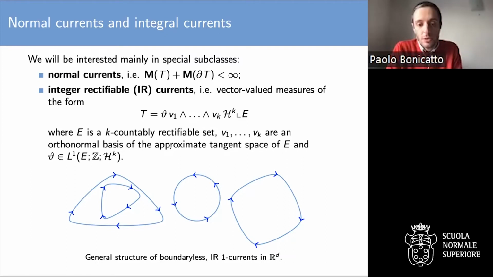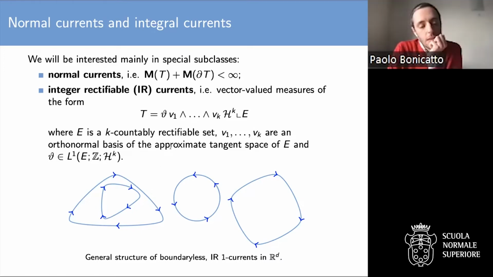It's a collection of Lipschitz loops that are actually even injective, apart from the start and ending point. This is a theorem that you can prove, but this is the picture that I would like you to keep in mind when I say integer rectifiable boundaryless 1-current, right?